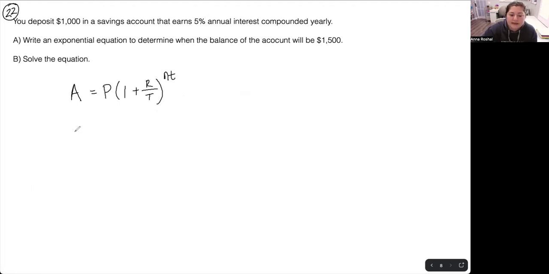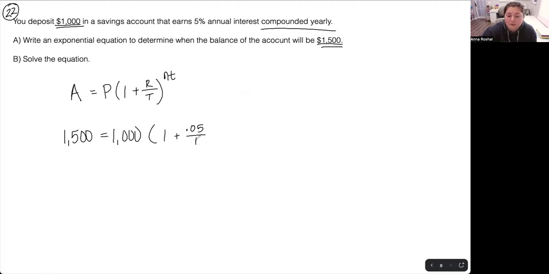So in this particular case, we want this account to have a balance of 1,500. So that's my final amount, right? This is kind of important information here. So my final amount should be 1,500. My initial principal is 1,000 because I've just deposited that much. And then I'm saying it's 1 plus 0.05 over how often it's compounded, yearly.